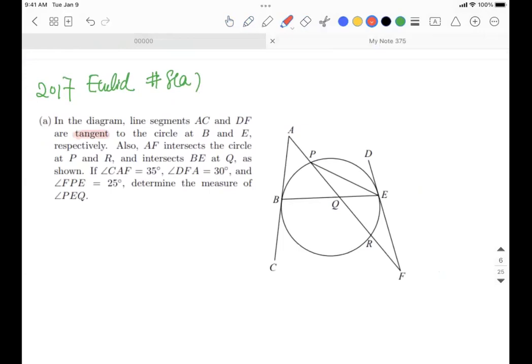Also, AF intersects the circle at P and R, and intersects BE at Q. As shown, if angle CAF equals 35 degrees, angle DFA equals 30 degrees, and angle FPE equals 25 degrees, the question asks you, what is the measurement of angle PEQ? I'm going to call it theta.